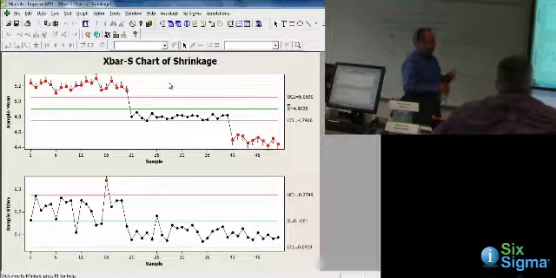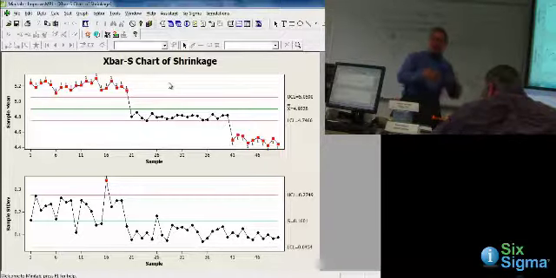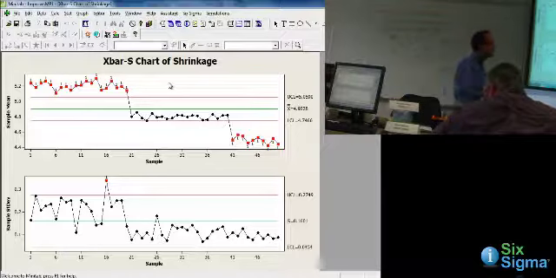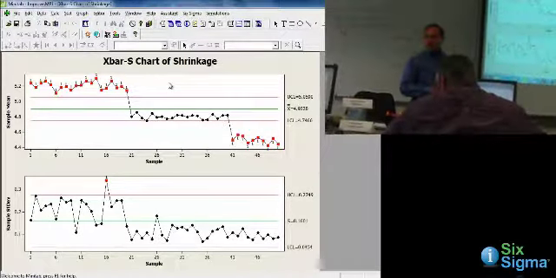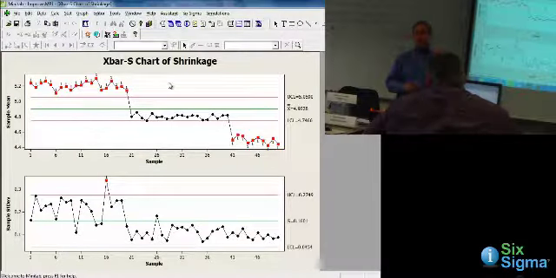Because we dealt with 3 major changes to the process. Control charts are supposed to monitor stability. By definition, what is stability? Lack of change. Everything remaining the same. If you consciously change the process, it is no longer the same. So it's really not fair to compare the process as if there were no changes.